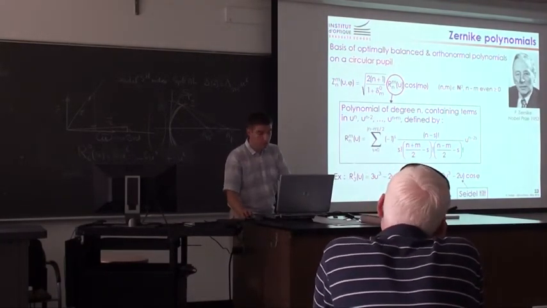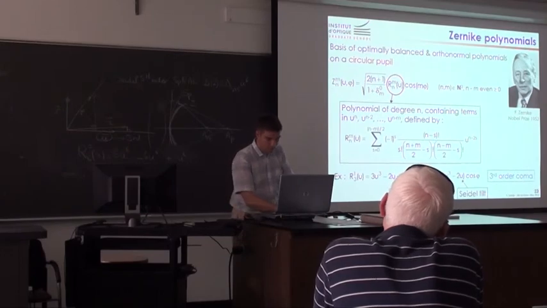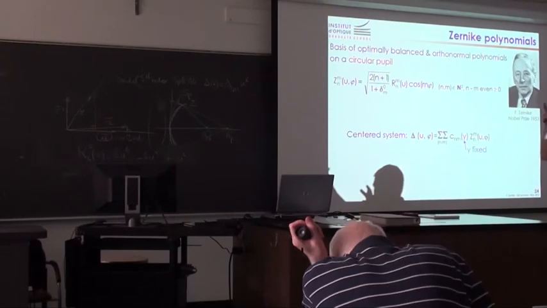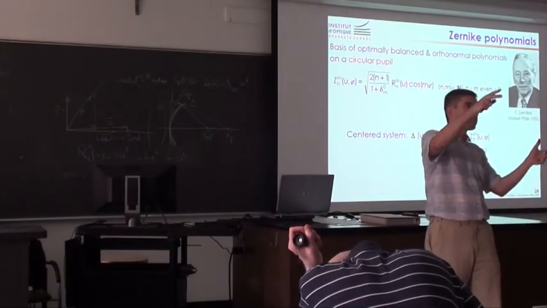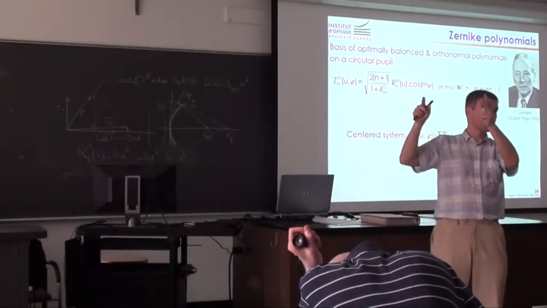So, for a centered system, that is a system that has an axis of revolution, you can decompose the wave aberration on the Zernike polynomials. And these are the coefficients. And note that Zernike's problem was, I've got a telescope, and I've oriented the telescope to see that part of the sky.